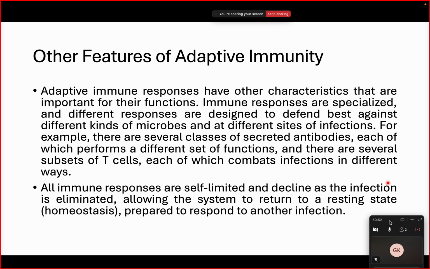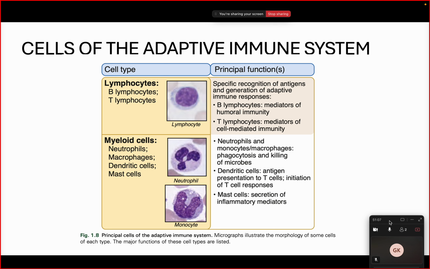All immune responses are self limited and decline as the infection is eliminated, allowing the system to return to a resting state, prepared to respond to another infection if it comes. So, what are the cells of the adaptive immune system? The cells which are producing antibodies, the cells which are termed T lymphocytes or T helper cells, and the cells which are considered cytotoxic T cells.